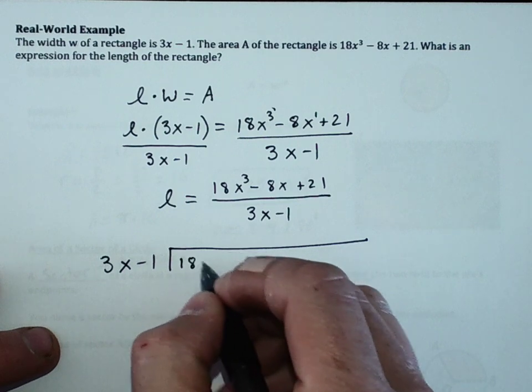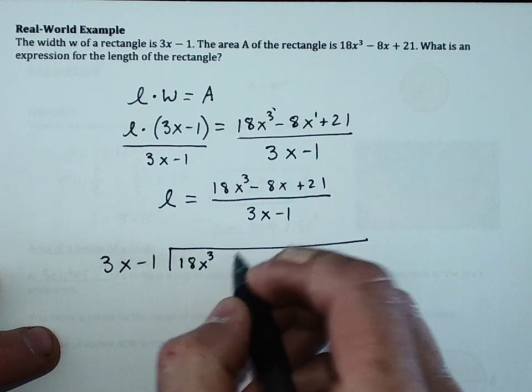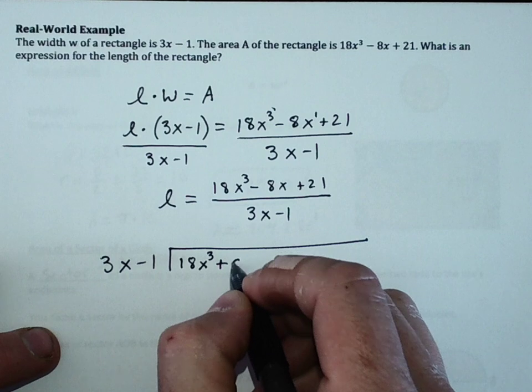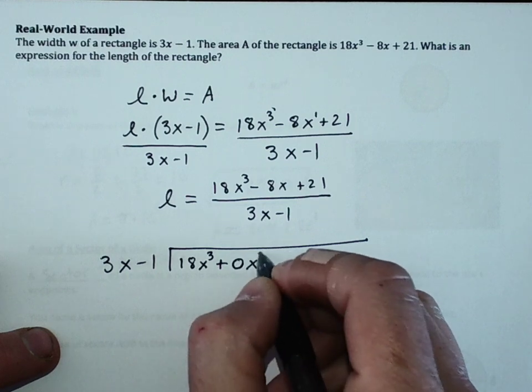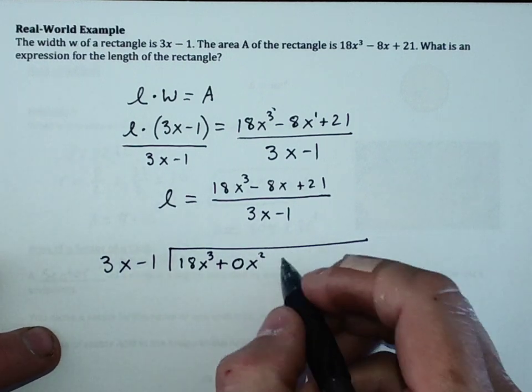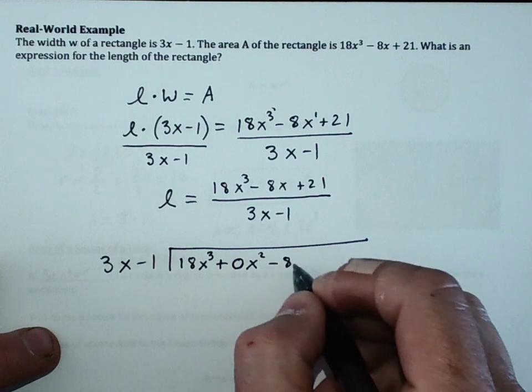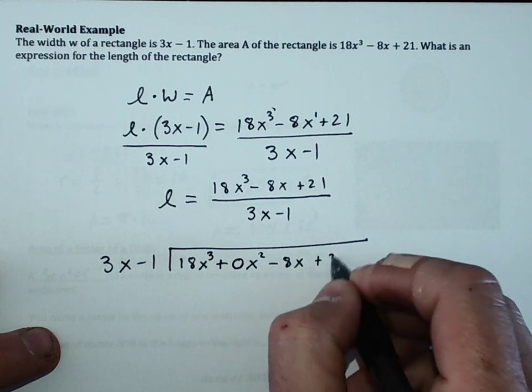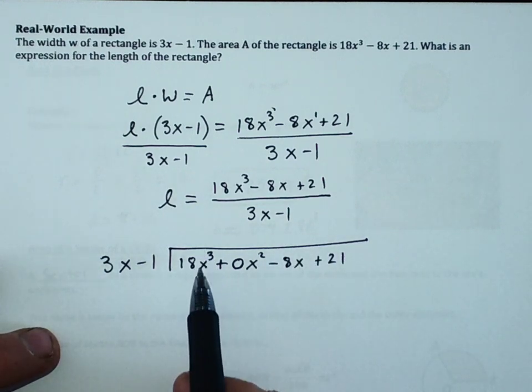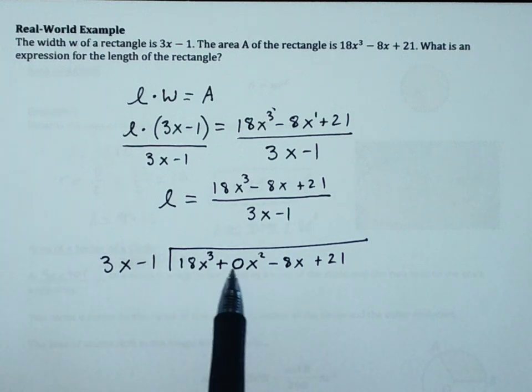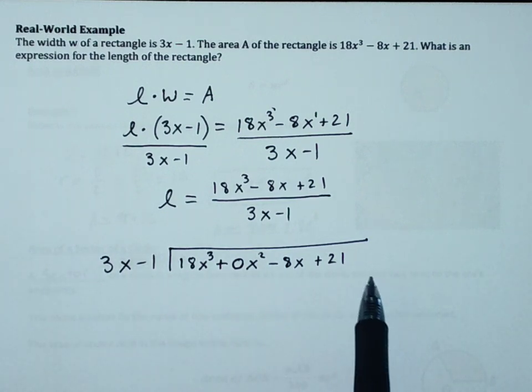So when I put it into my long division here, you must put a 0 x squared for where the x squared is missing. This must go 3, 2, 1, 0.